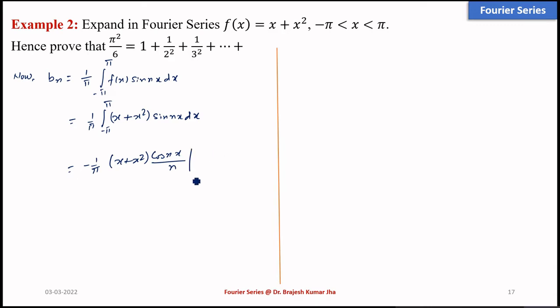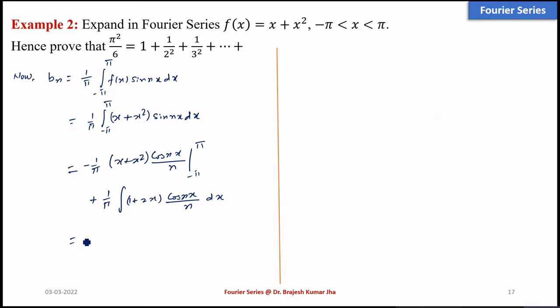And its limit will be minus pi to plus pi, plus 1 upon pi, integration, derivative of this, it is 1 plus 2x, because minus minus plus that I have taken earlier, cos nx by n dx.